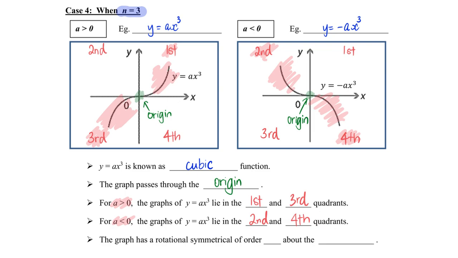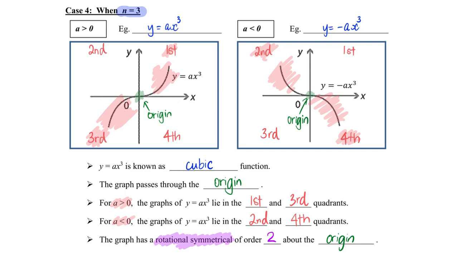The last observation that we can see is that the graphs for positive and negative a have rotational symmetry of order 2 about the origin. Again, this origin came out again.